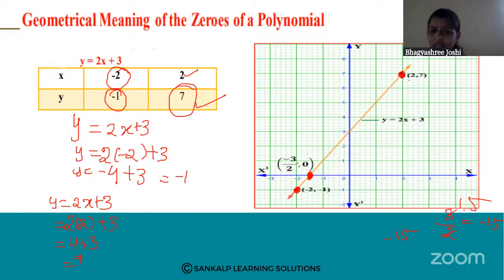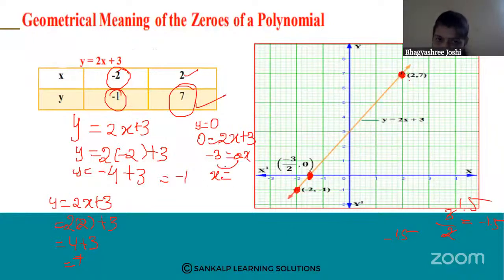The y value is 0. See here, if you take y value 0, let us see what happens. y is equal to 0, so 2x plus 3 is 0. Transfer this 3 to this side, it will become -3 is equal to 2x. X is equal to, transfer this 2 to this side, -3 divided by 2. Therefore, x is equal to -3 divided by 2.